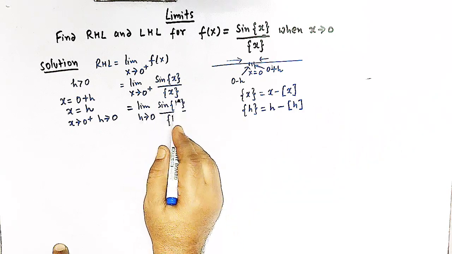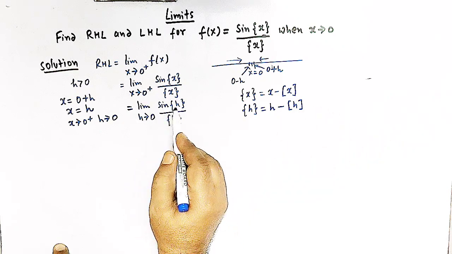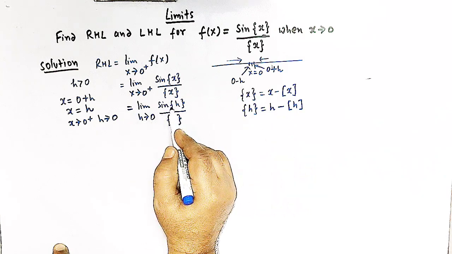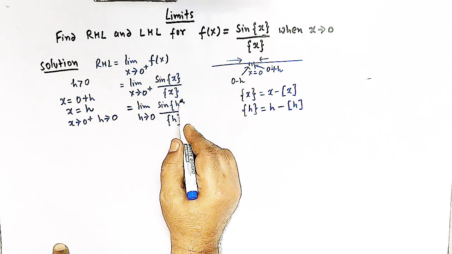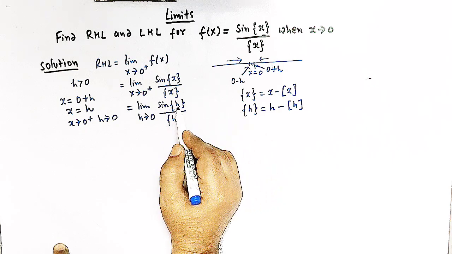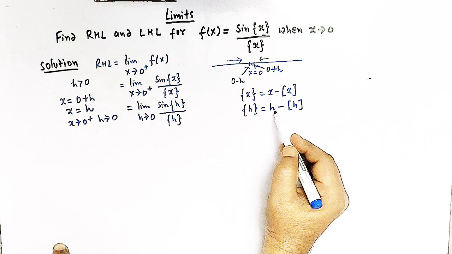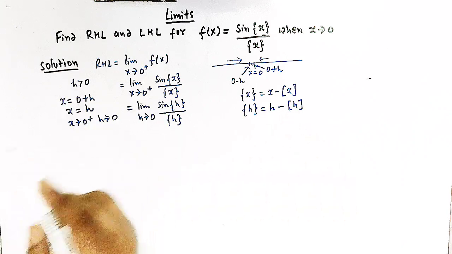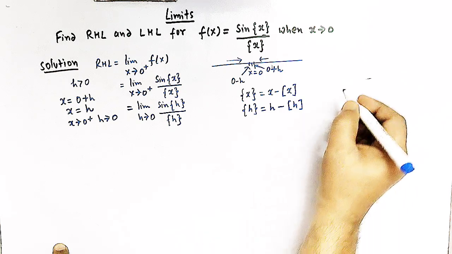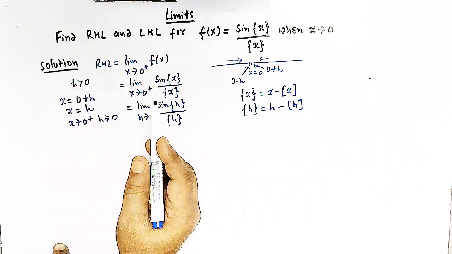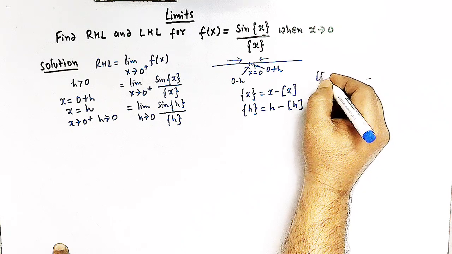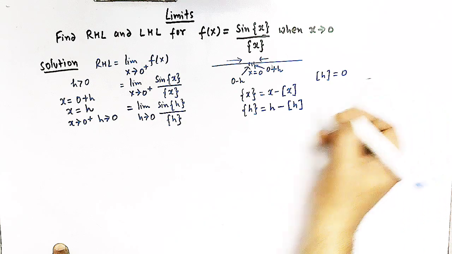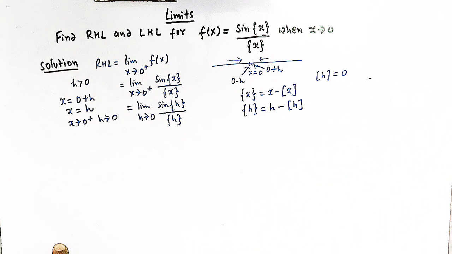When we calculate this limit, we cannot directly substitute h = 0. First we have to simplify, or assign a value to, this fractional part of h. Fractional part of h is h - greatest integer of h. Now h is infinitesimally small and lies between 0 and 1. When h lies between 0 and 1, the greatest integer of h is equal to 0 by the definition of the greatest integer function.